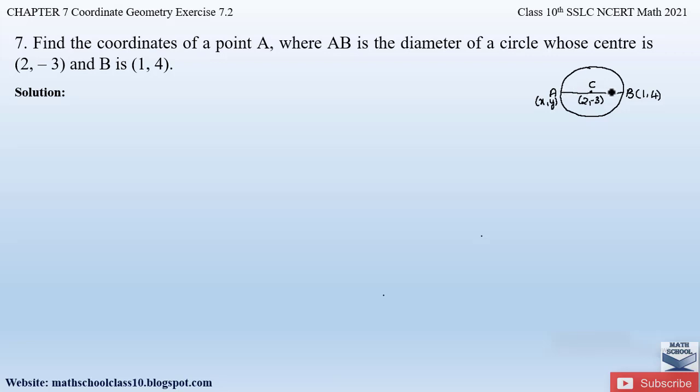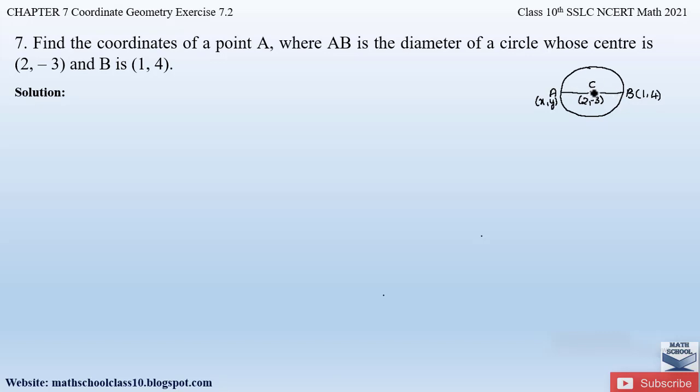Since AB is the diameter of a circle, what is AC? AC will be the radius, right? And CB will also be the radius. Since C is the center point of this diameter AB, AC will be equal to CB because both form the radius.